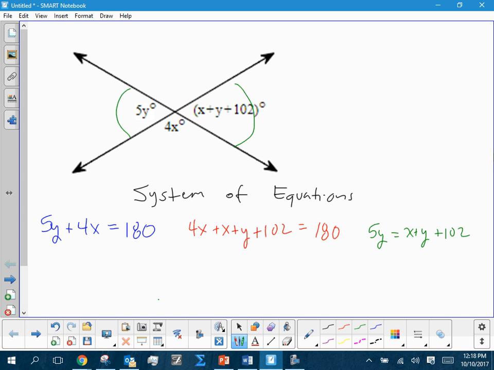Okay, and that gives us three equations. Equation 1, equation 2, and equation 3. Okay, and because we use the same exact angles and the same exact x and y's, if I'm able to solve one of these equations and find a numerical value for x, then that's the numerical value for x in all of the equations. Does that make sense?